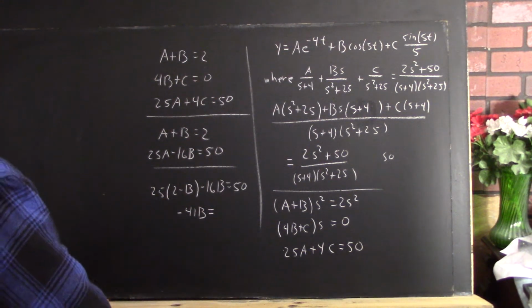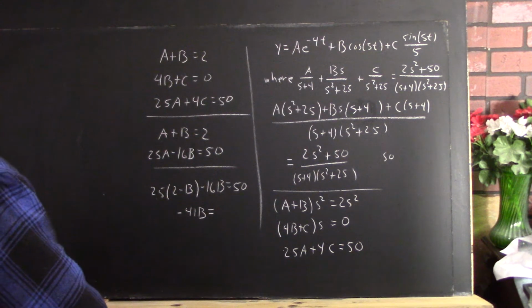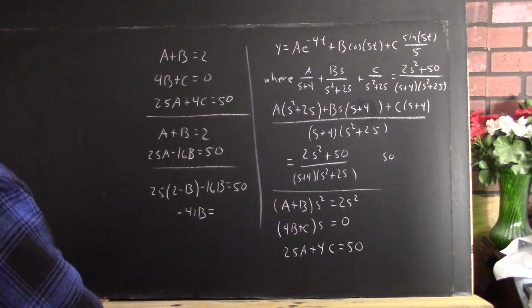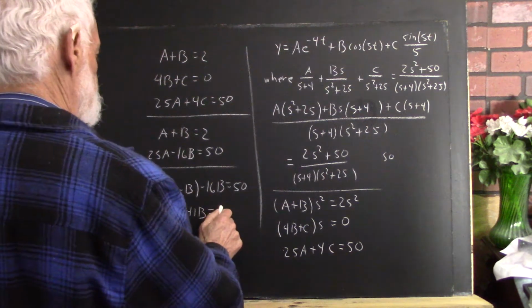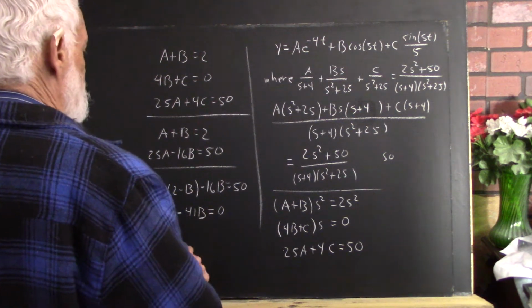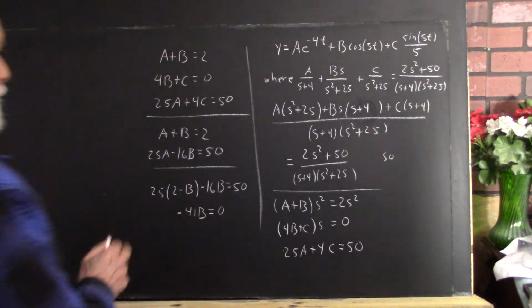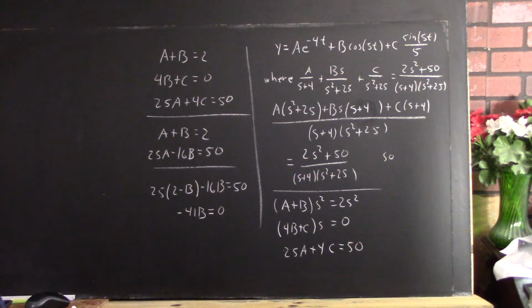Uh-oh, we're in trouble. Well, maybe not. Well, this would mean b is 0 and c is 0. And that's troublesome as heck.